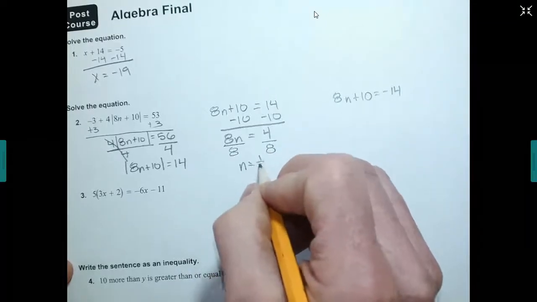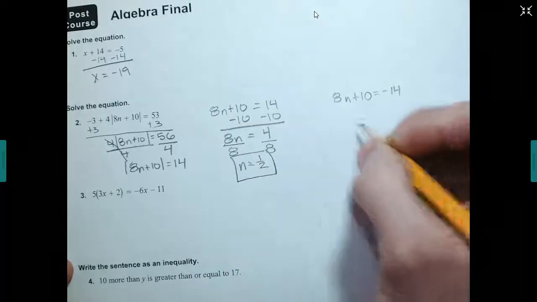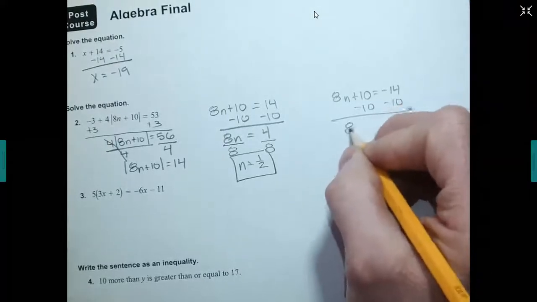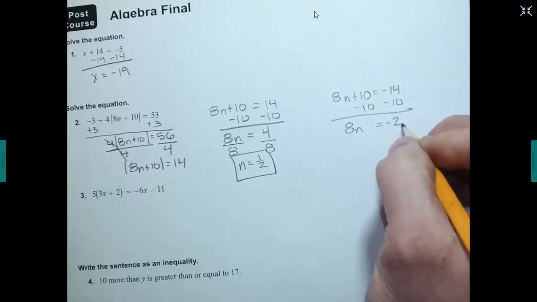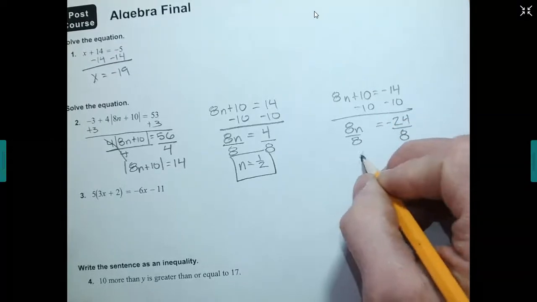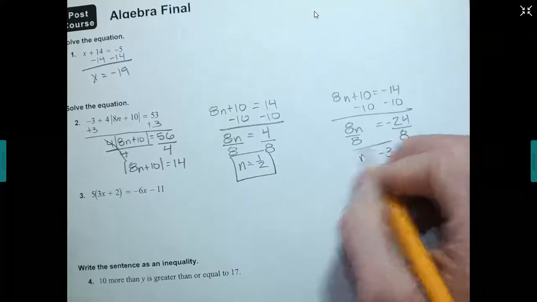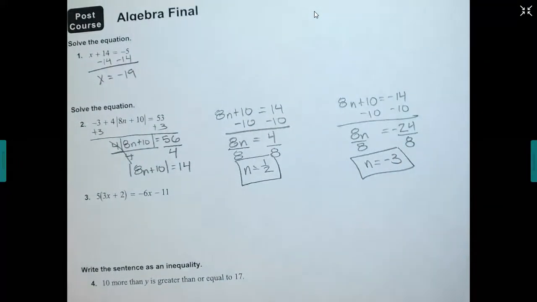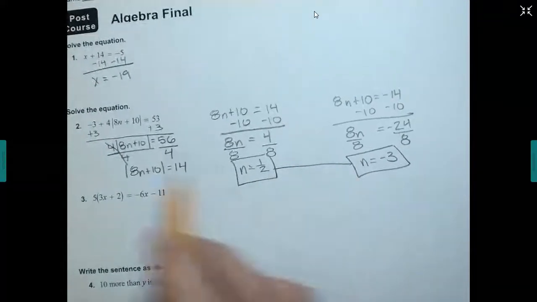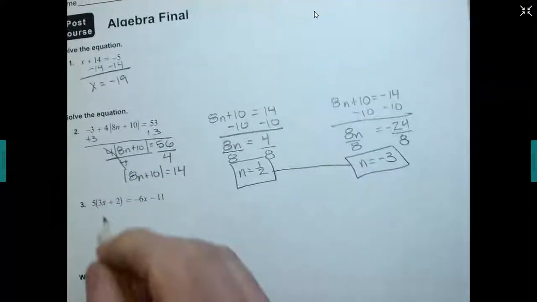N equals 1/2, or 8n equals negative 24. Divide both sides by 8, and I get n equals negative 3. There's my 2 answers. They will both satisfy n for that.